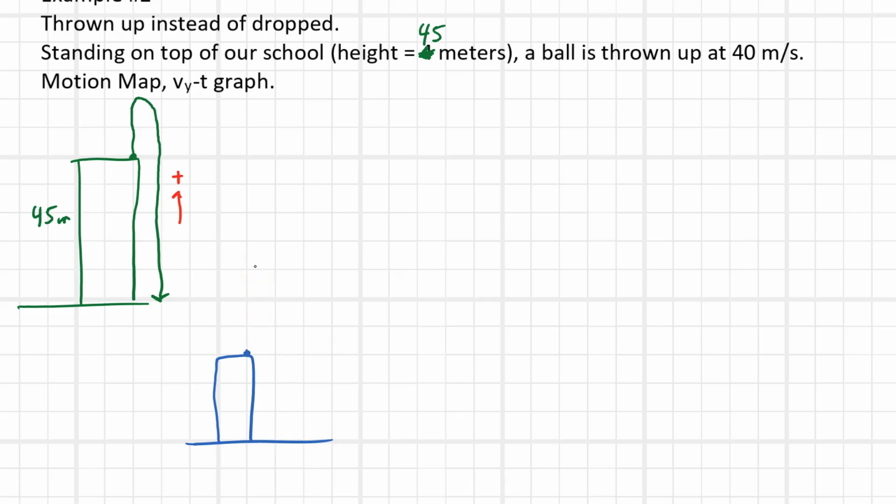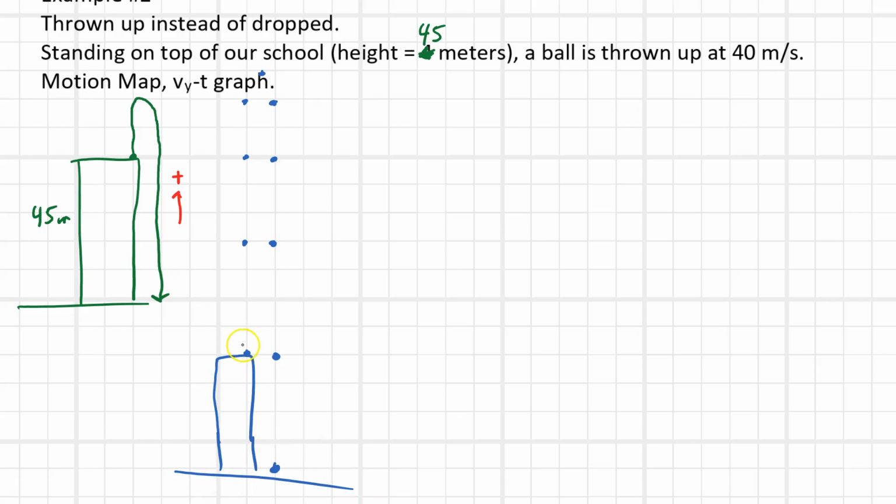Since it's going 40 meters per second, I'll use my grid marks, and then it comes down, and then it starts coming down, and boy, it's going really fast here, and then it hits sort of over there. Okay, we'll try something like that.